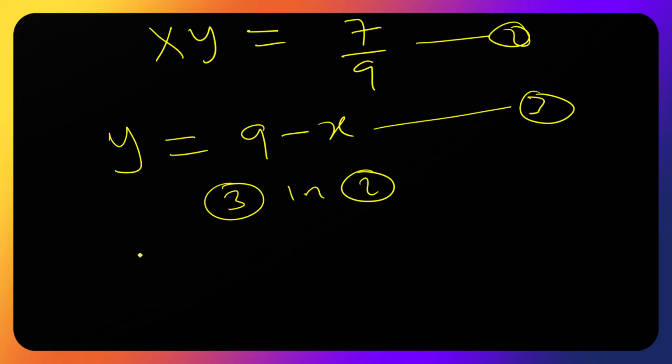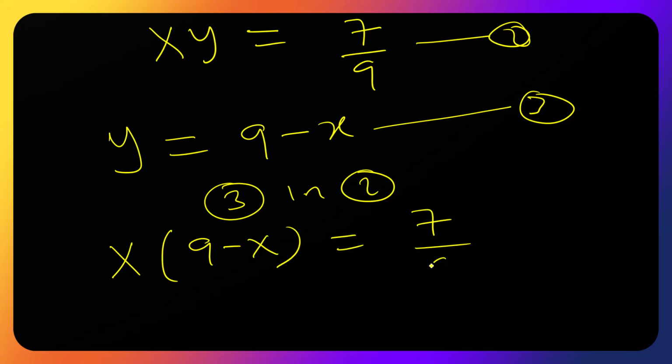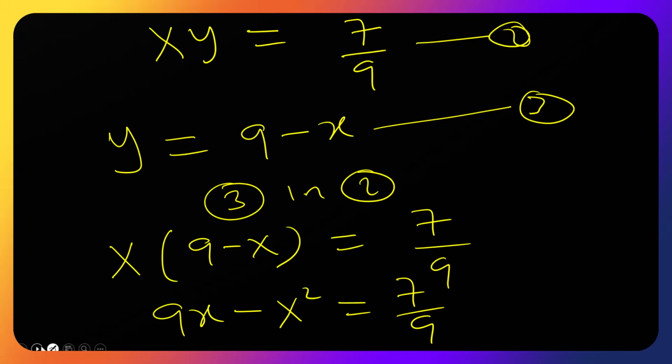Okay, so that will be x times y, which is 9 minus x, equals 7 on 9. So we have 9x minus x squared equals 7 on 9. So from here, we can clear this: that will be 9 times 9, this times 9, and this times 9.